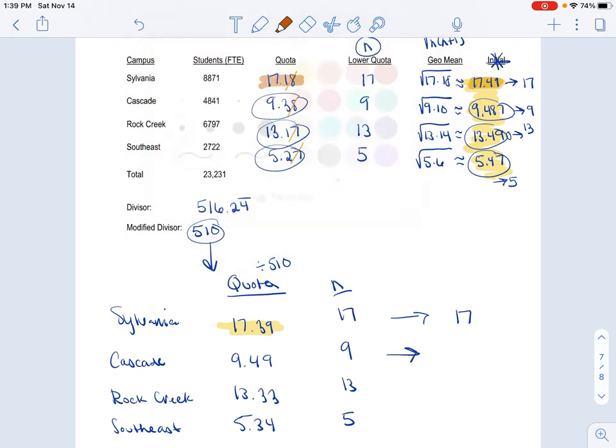Now this one, let me get a different color. My quota here is more than that geometric mean. So what that's telling me is that should be rounded up.